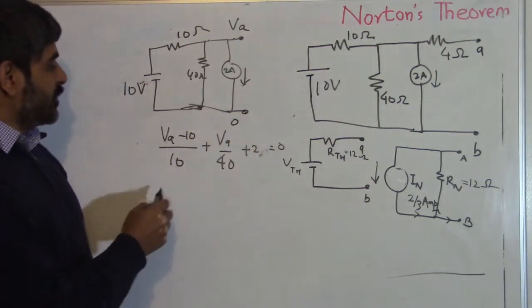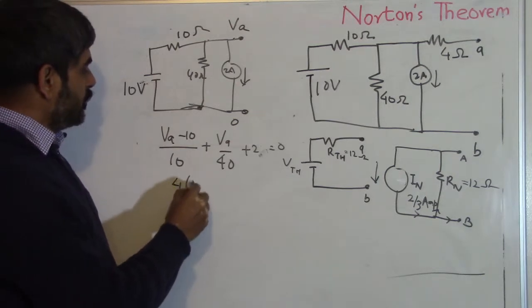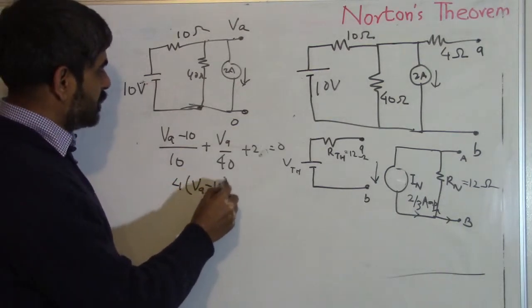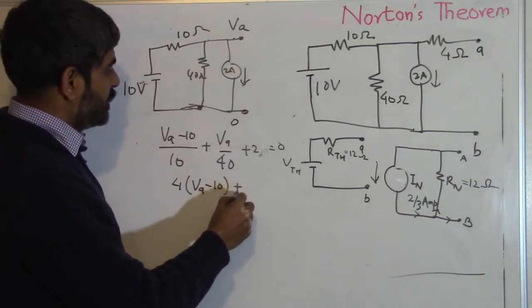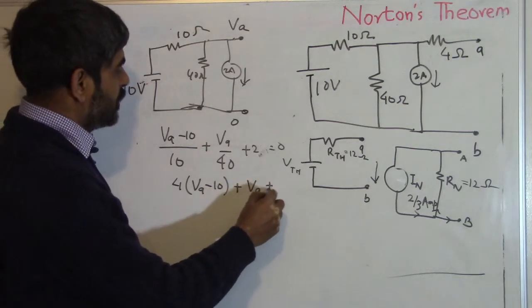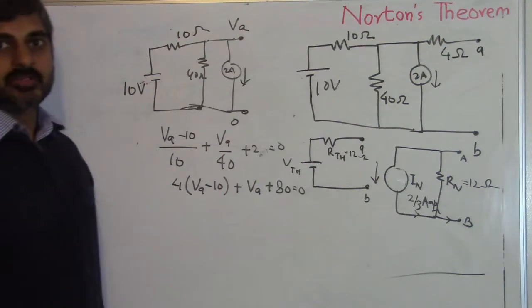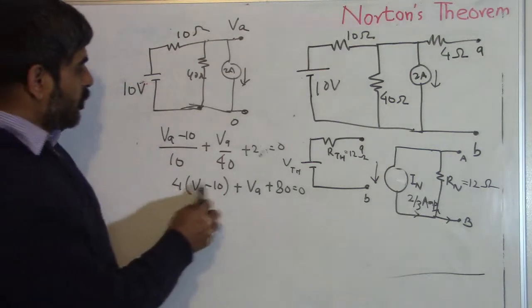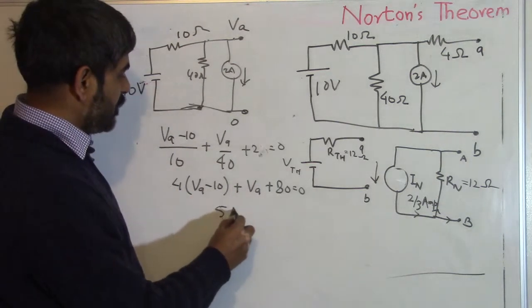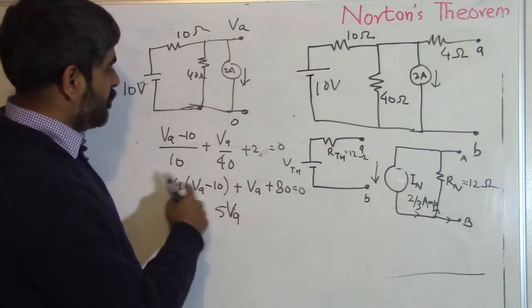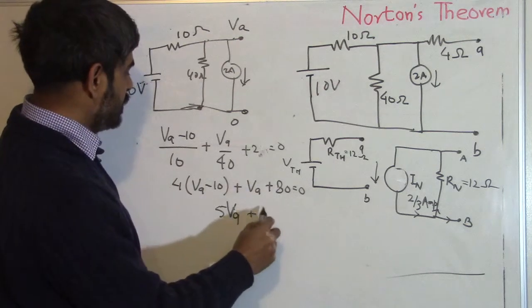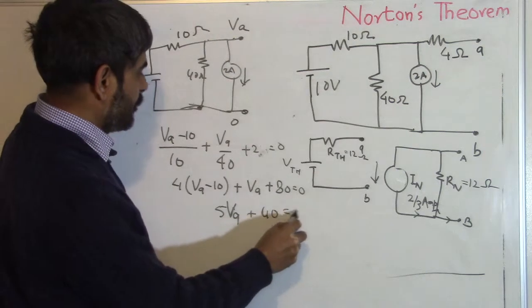Multiply the whole equation by 40. 4 into (VA minus 10) plus VA plus 80 is equal to 0. Let us simplify it a little bit. 4 VA plus VA is 5 VA. Minus 40 plus 80 is plus 40.